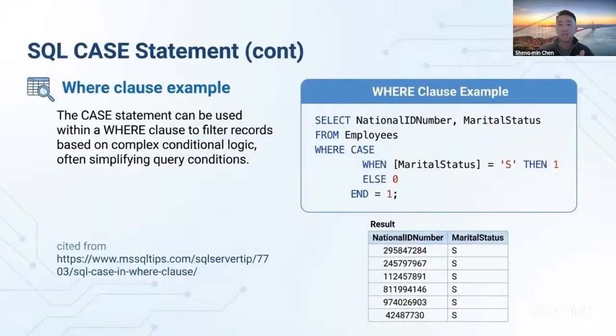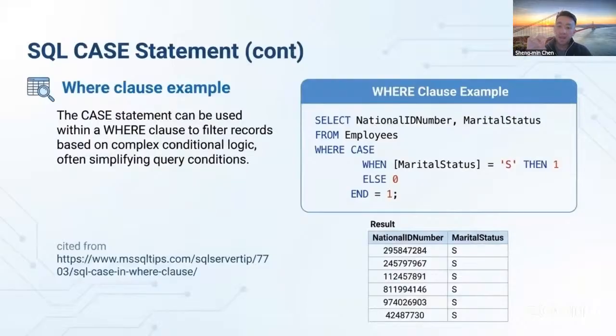In this case, if you're evaluating the marital status in your table, as long as it's S, I'm assuming it means single, then return 1. Otherwise, return 0. But look at the case, it ends in front of the equal sign to 1.